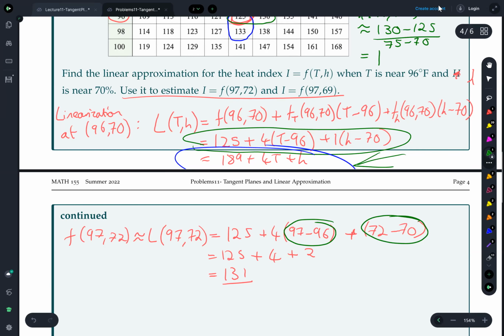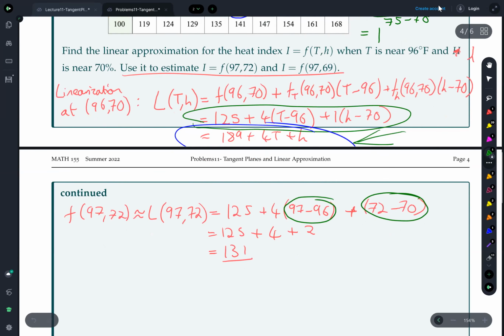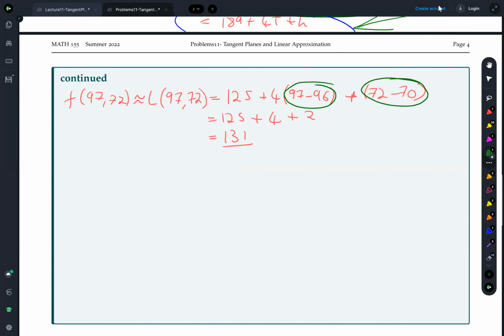That isn't actually what the expression should be. Whatever it would have ended up being, that would have been a more complicated way to do it, because we would have had the 4 times by our temperature, which would have been working out what 4 times by 97 is in your head. And I'm not going to do that here. Obviously, it's actually not that hard. It's 388. I'm not very good at mental arithmetic, as you might have guessed. Anyway, it's generally easier to work with that form. That's the point I want you to take away.